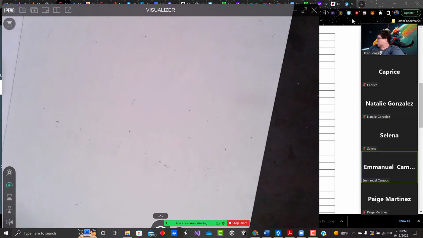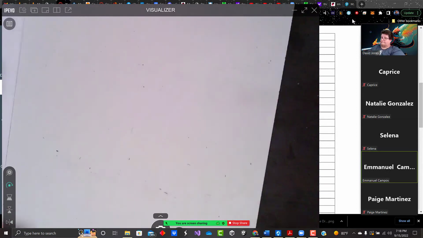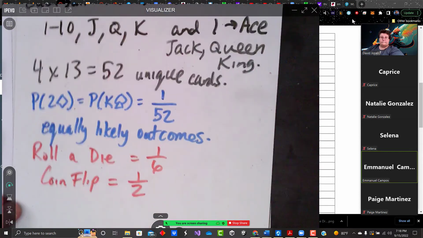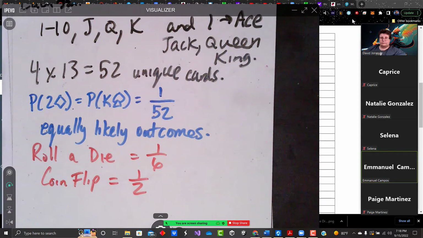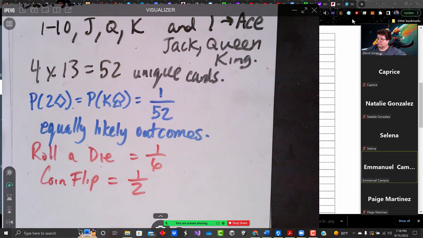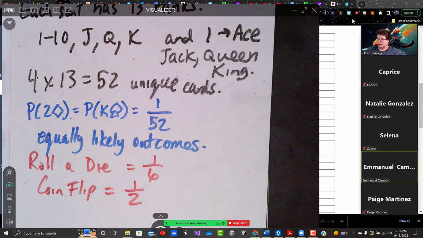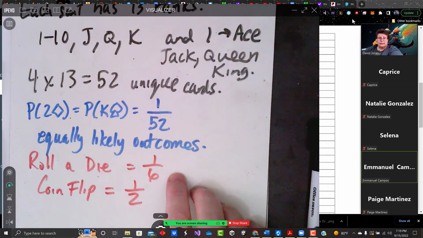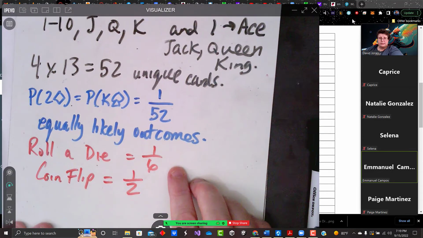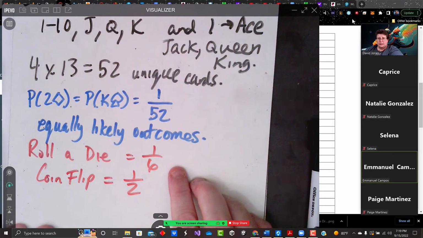Wait, can you go back to that page? Yep. Can you label those two, the roll a die and the coin flip? You said that the roll a die was 1 over 6, and that's part of the classical?